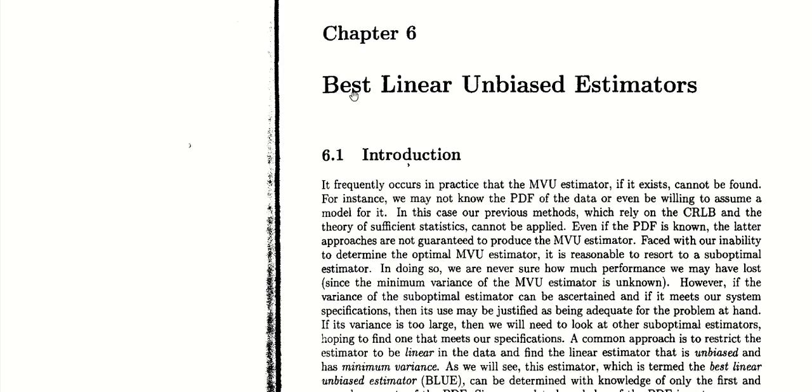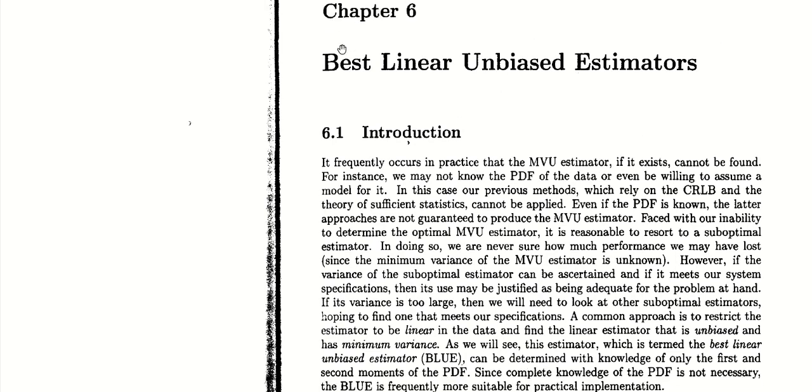This is the best linear unbiased estimator. So we want to do the best. Best has a lot of meanings. Linear means linearity, meaning that it's a linear function of the data, and it's unbiased.